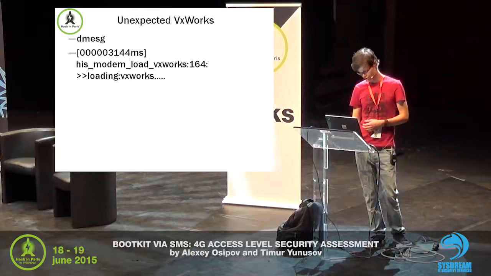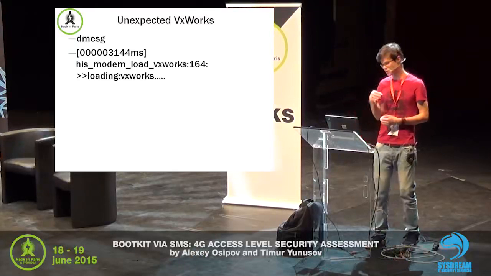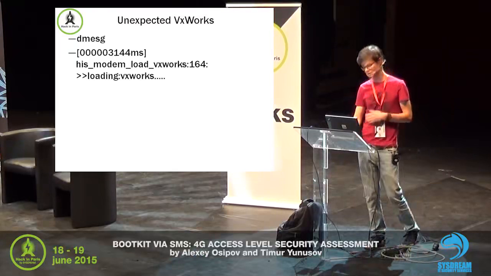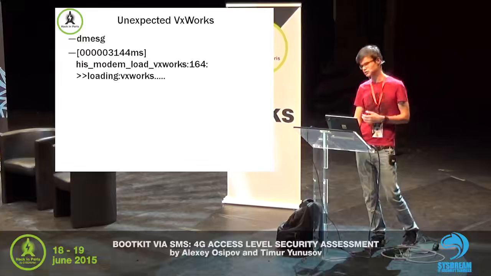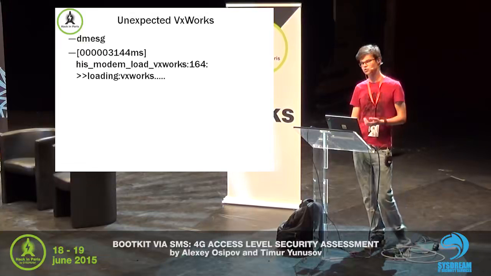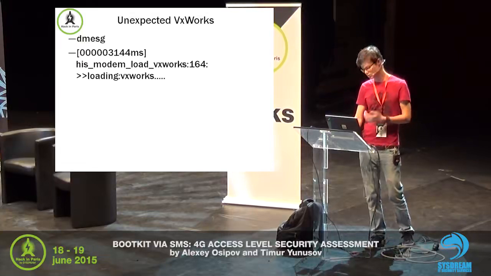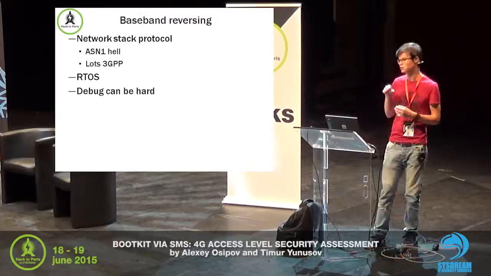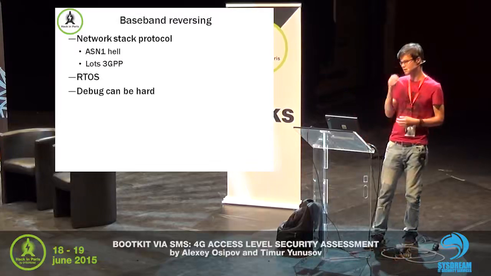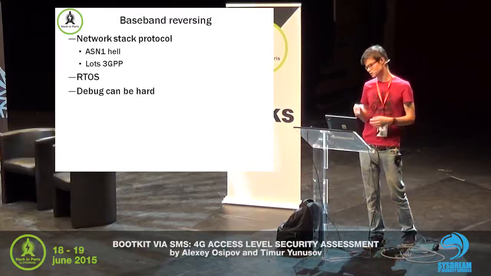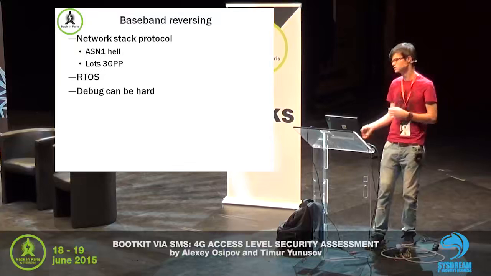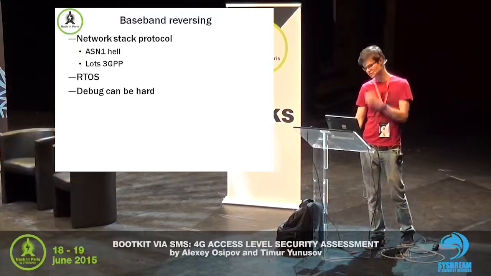The point is that someday my colleague found something interesting: Linux on Huawei loads the VxWorks operating system, which works on the baseband processor and works with the radio part. There were many problems, like ASN.1 documentation, 3GPP documentation, and problems with working in a real-time operating system.